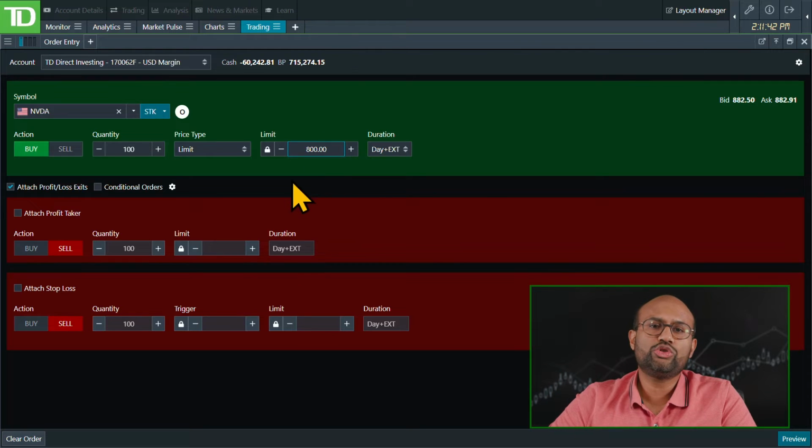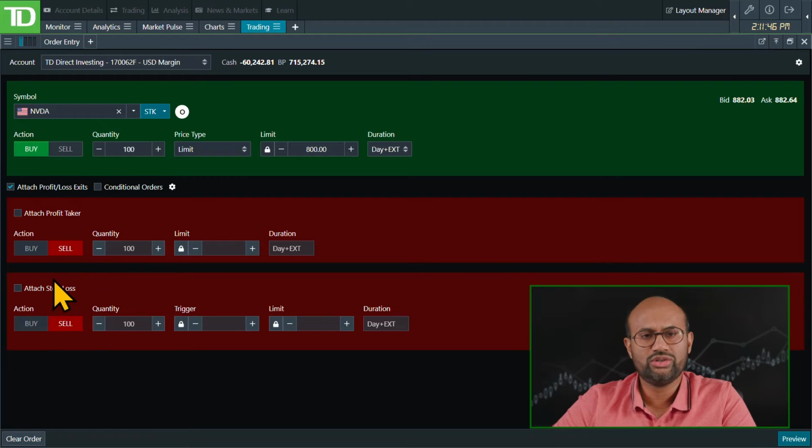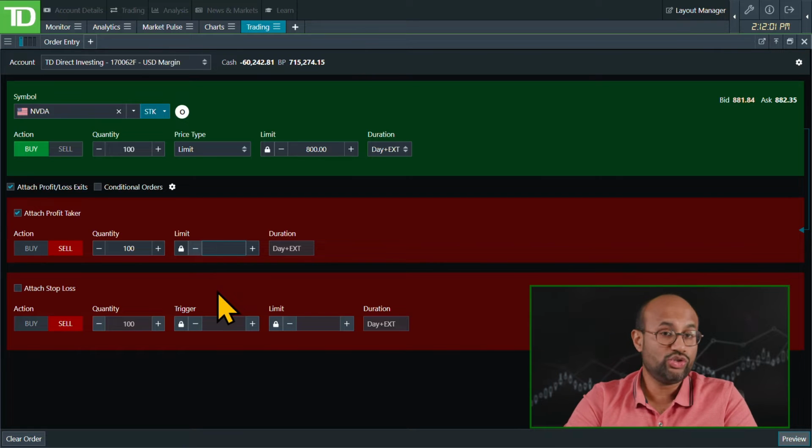Then it allows me to choose a profit-taking order or a stop loss if I wanted to, or both, in fact. So let's turn on the profit taker for a second. Turn this on, you have to check it off. It's already set up to sell the full quantity of 100. You can adjust the quantity lower than what's represented on the trade. Then you just have to input your price.